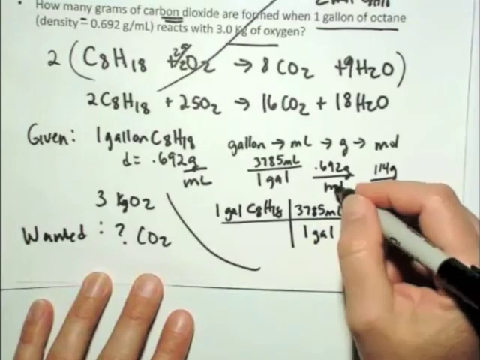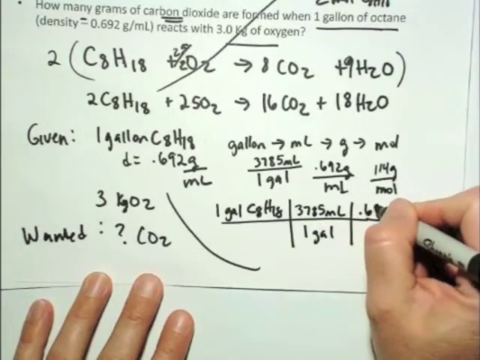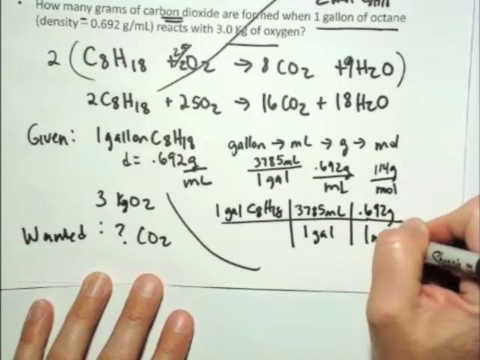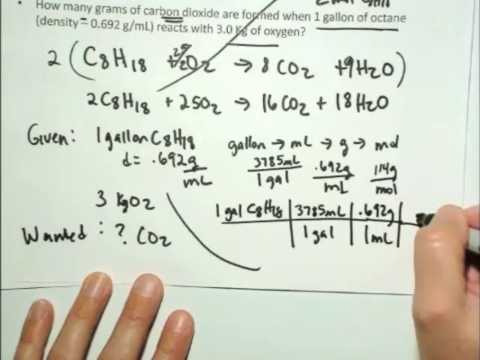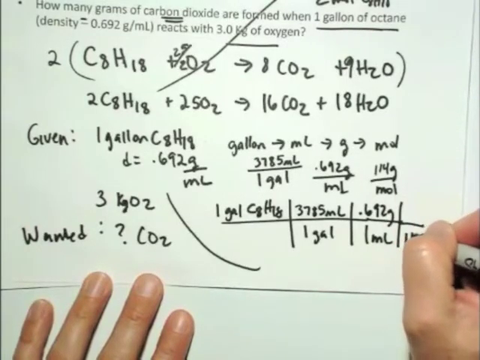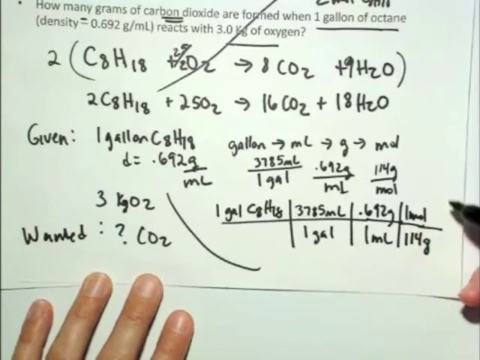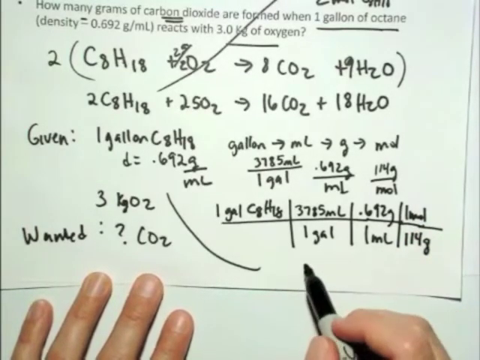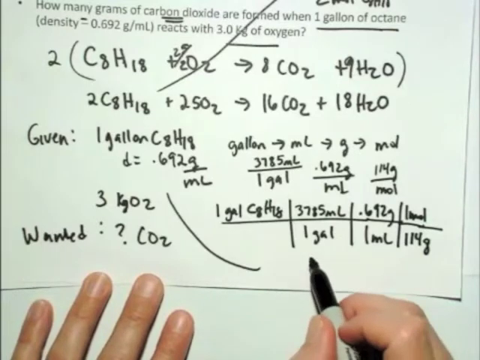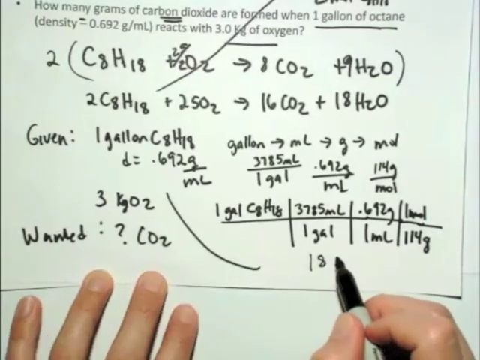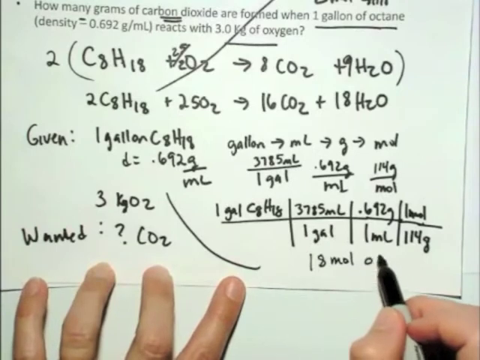Converting to grams, it's 0.692 grams per 1 milliliter. Converting to moles, I put the 114 grams on the bottom per 1 mole of octane on top. And I end up here with about 18 moles of octane in 1 gallon of octane.